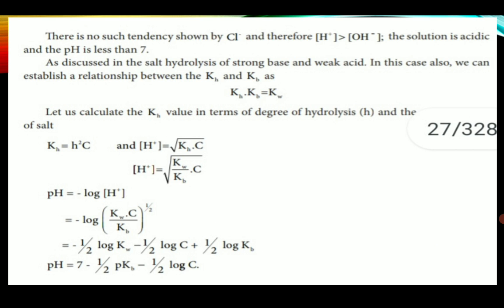When you split using the product rule and quotient rule, we get minus half log Kw minus half log C plus half log Kb, because two minus signs come, therefore it becomes plus log Kb. So after simplifying we get pH is equal to 7 minus half log pKb minus half log C.